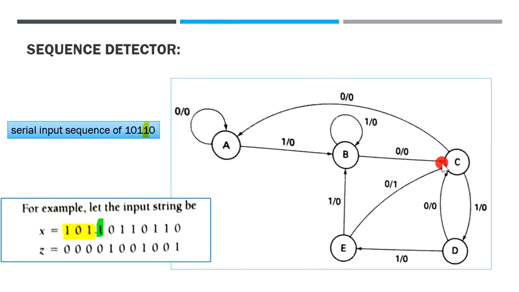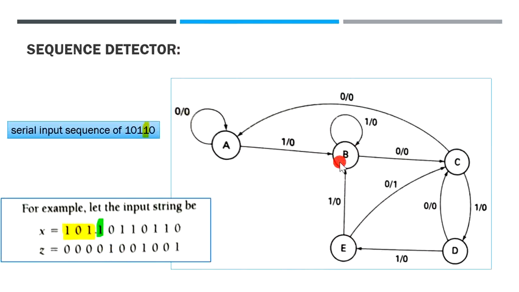The string can overlap, and we can say that we have correctly detected 1, 0 of the new machine. That is because if you look at this particular example, you have a 1, 0 here.